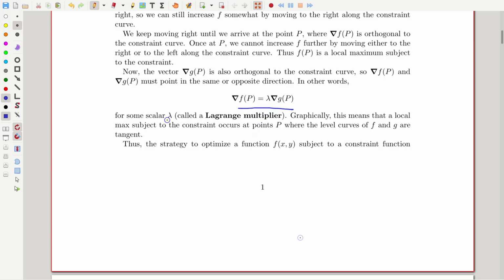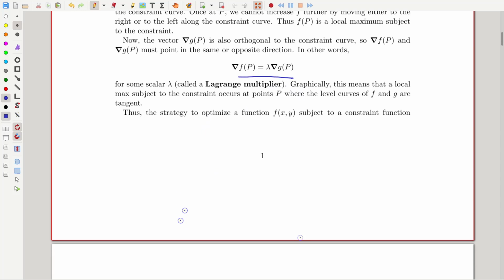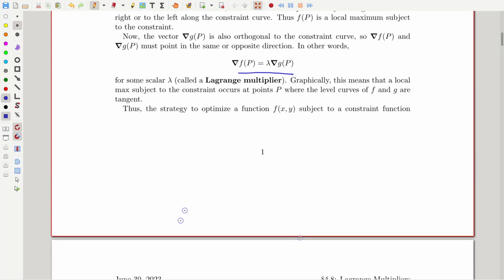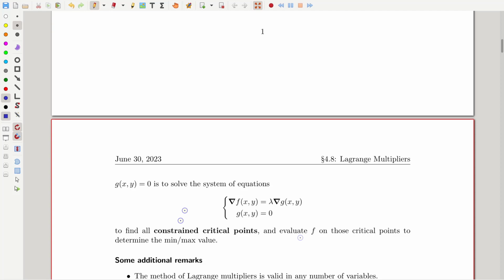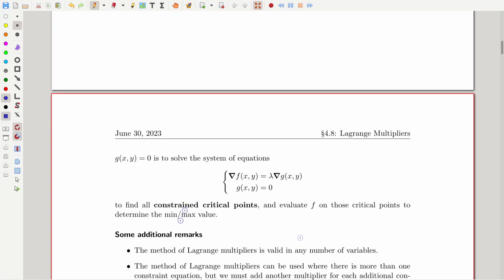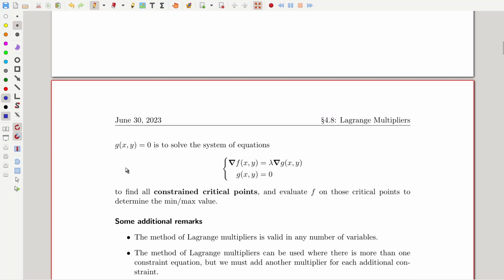Lambda is a scalar, a number, that is called the Lagrange multiplier. Usually you won't need to solve for lambda itself. Usually it's an auxiliary thing that's used to relate the two sides of the equations. We'll see that in the examples.